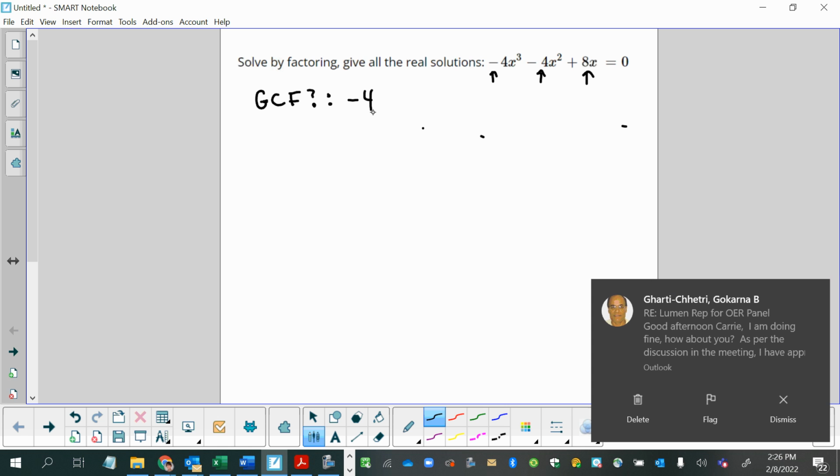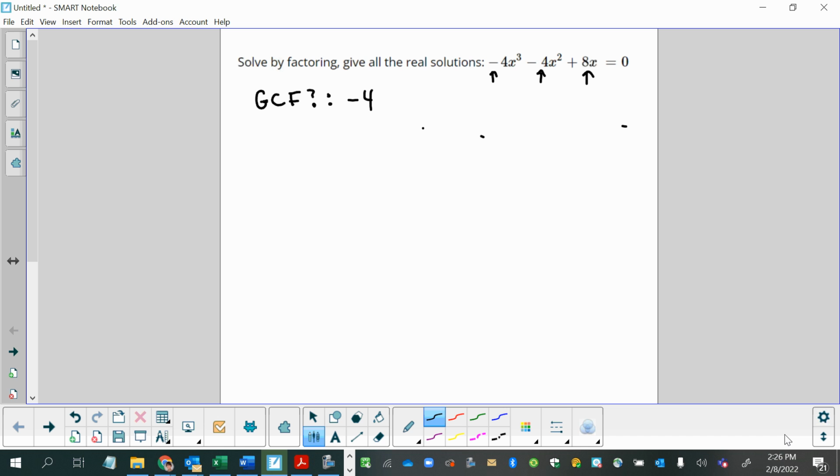And then also you want to look at the variables to determine what the highest power of variable would divide evenly into every term. So notice that every single term has at least one power of x. So that would mean that x to the power of 1 is part of my GCF.